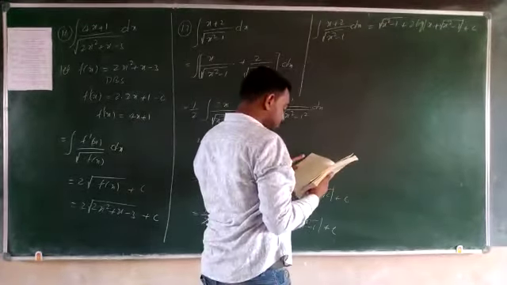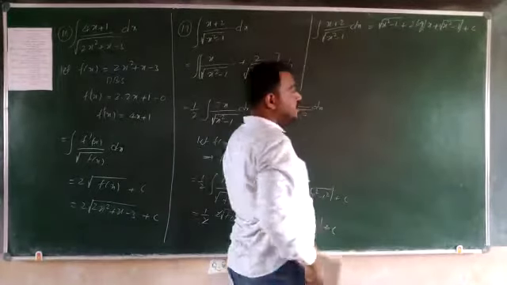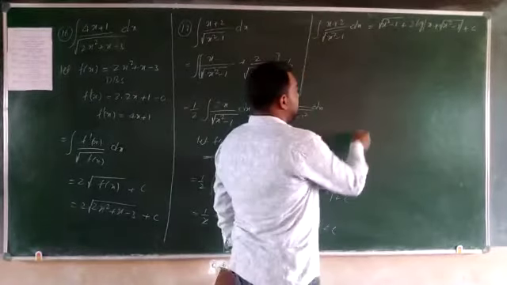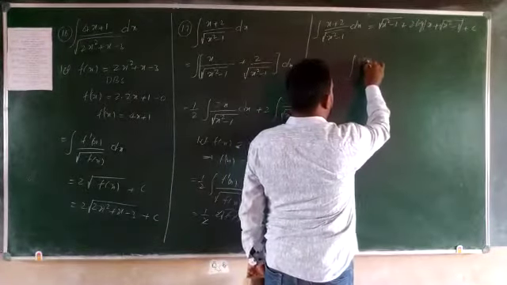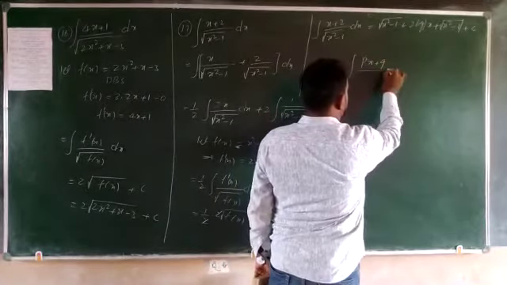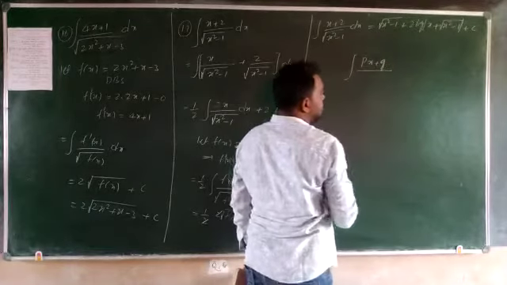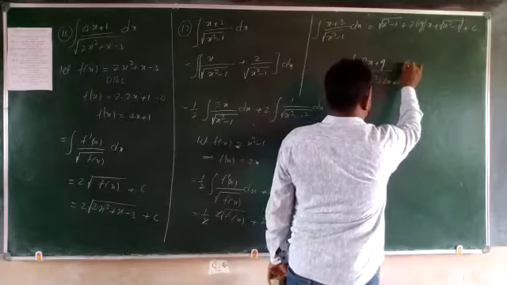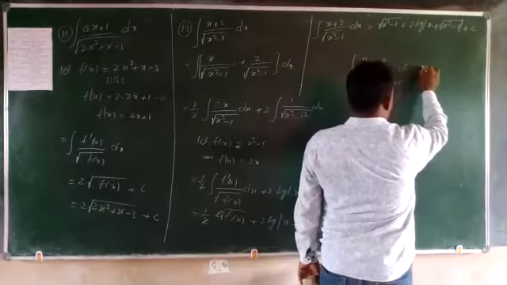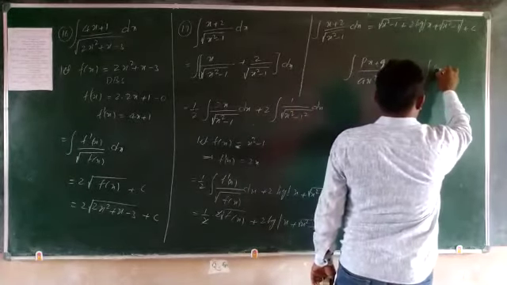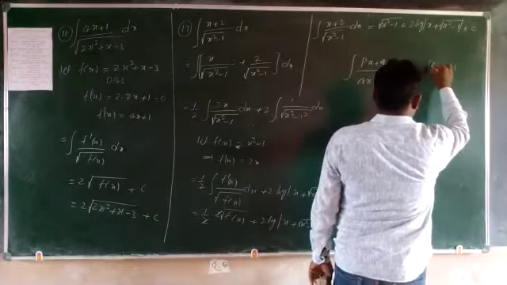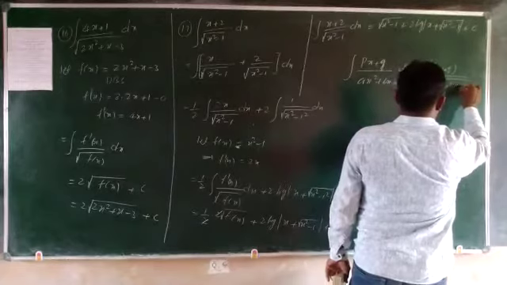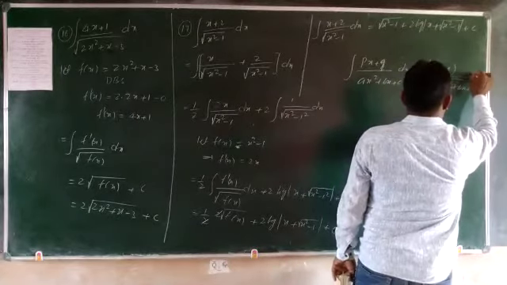Now 18th question. I already explained one method for this. The method: integration of (px plus q) by (ax square plus bx plus c) into dx, or integration of (px plus q) by square root of (ax square plus bx plus c) into dx.